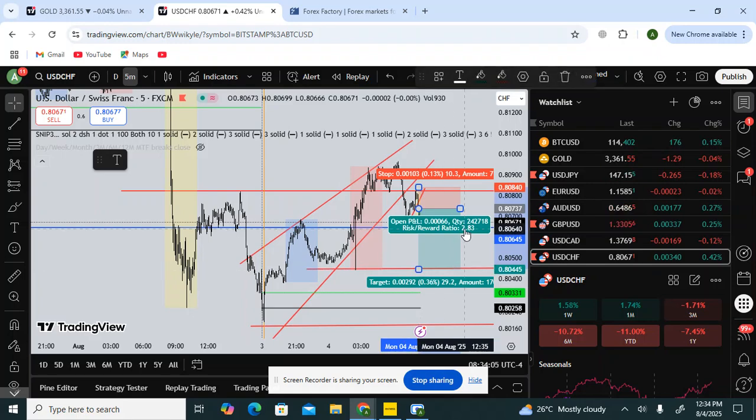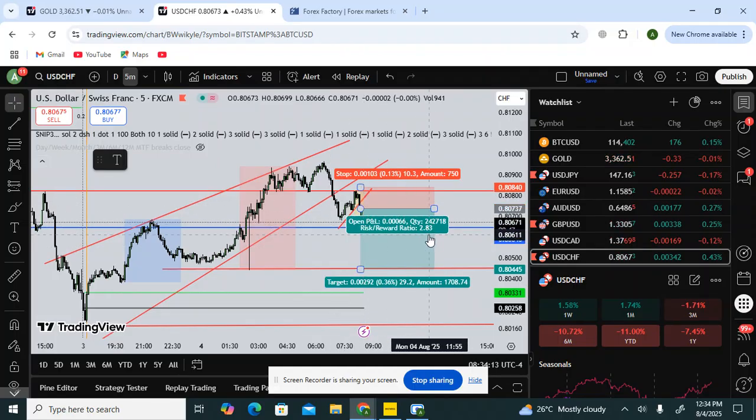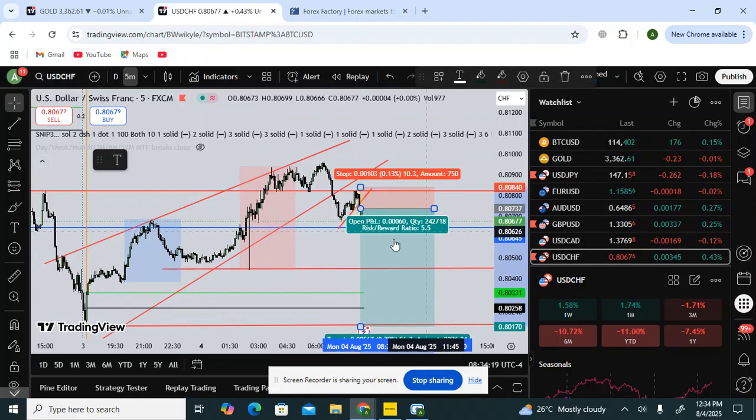That's a 2.8 risk to reward ratio. So if you are risking $1,000, you are making about $2,800. But if you hold it down to here, you can be making about $5,000 just risking $1,000.